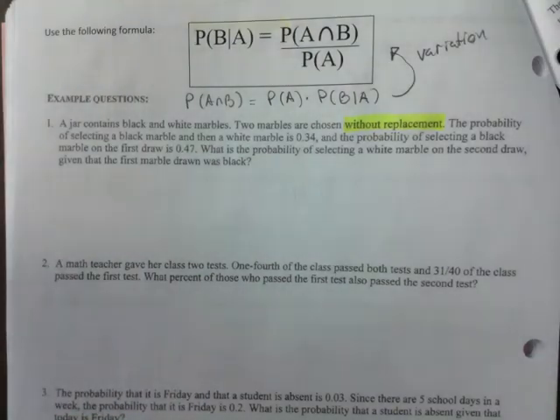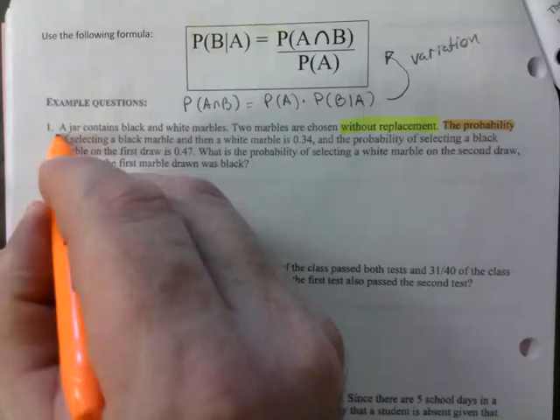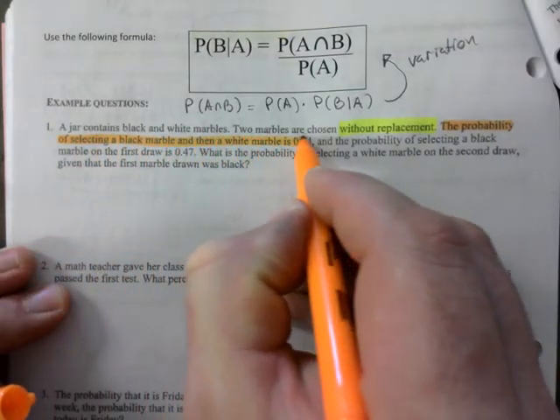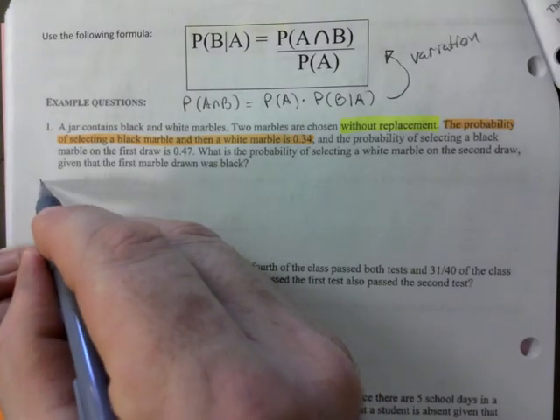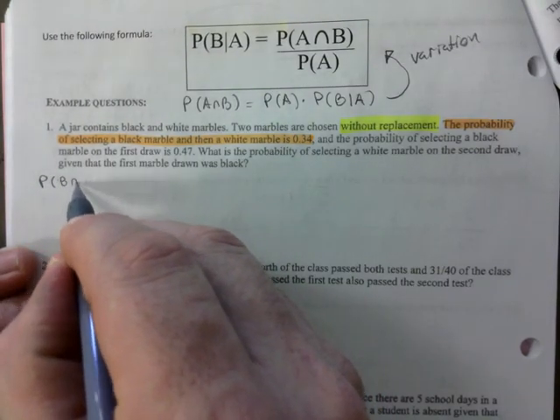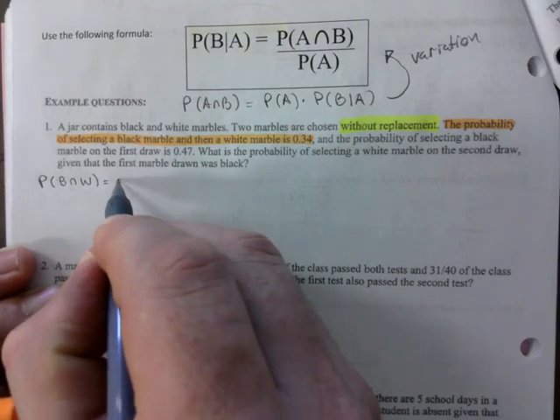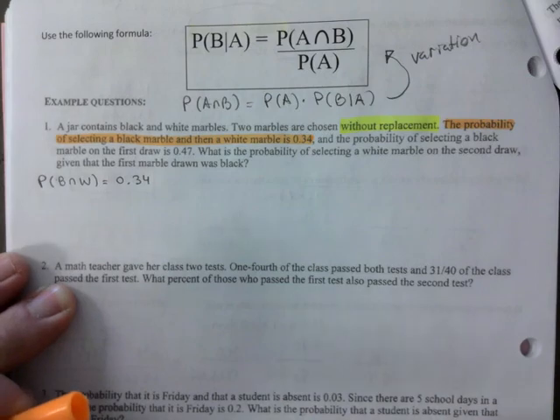Let's give it a different color. Selecting a white marble is this. Let's do a bit of an inventory on the sides there. Probability of a black marble and a white marble, we're told, is 0.34.